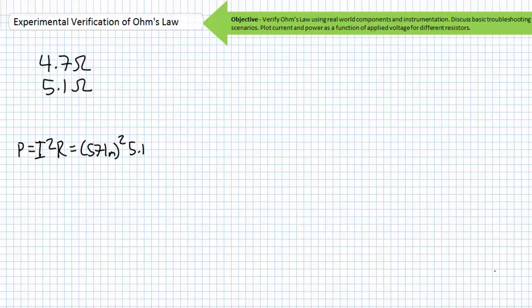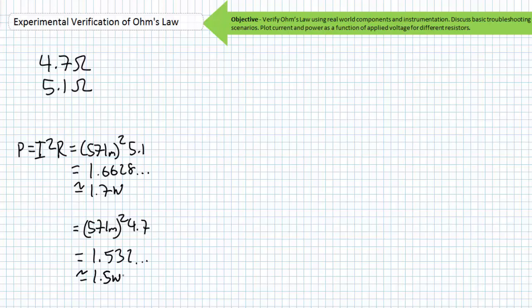A 5.1 ohm resistor drawing 571 milliamperes of current was dissipating roughly 1.7 watts of power, and a 4.7 ohm resistor with 571 milliamperes of current going through it was dissipating approximately 1.5 watts of power. The only reason the 5.1 ohm resistor folded early was primarily because of its smaller physical dimensions and power handling ability. That was super fun.